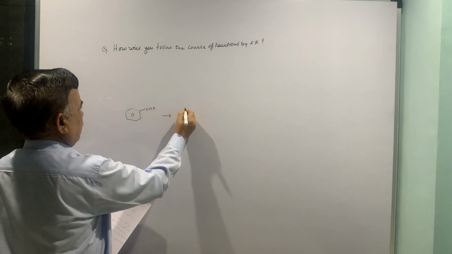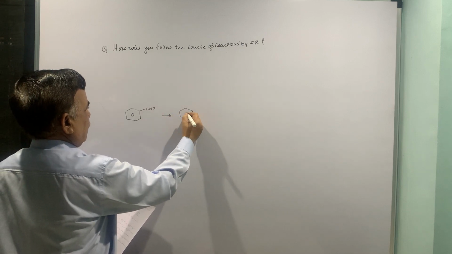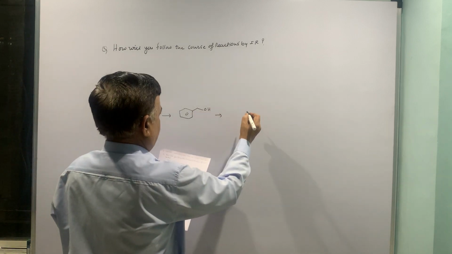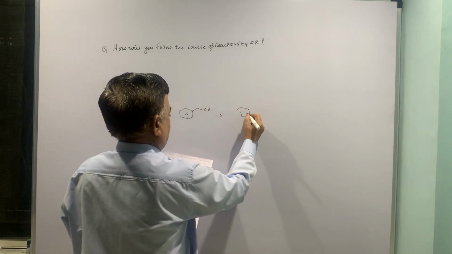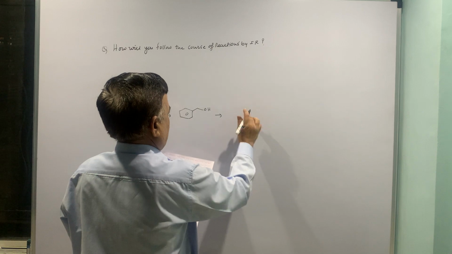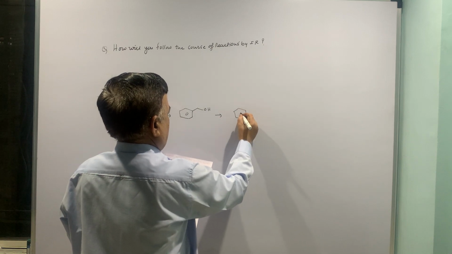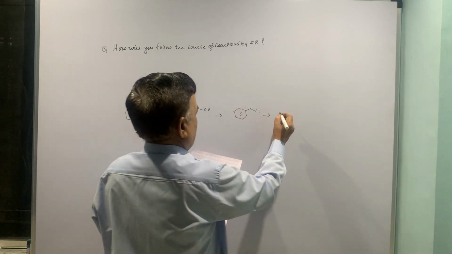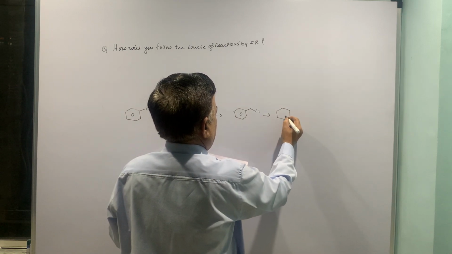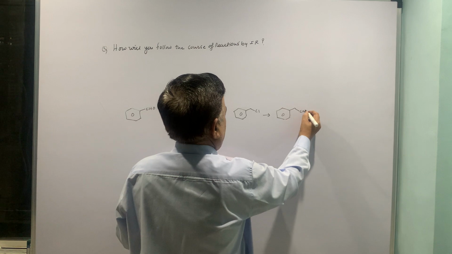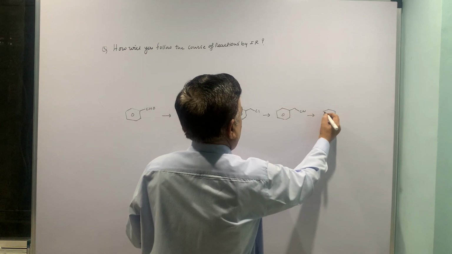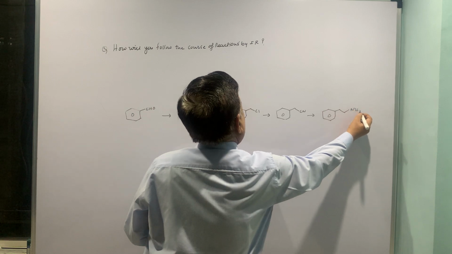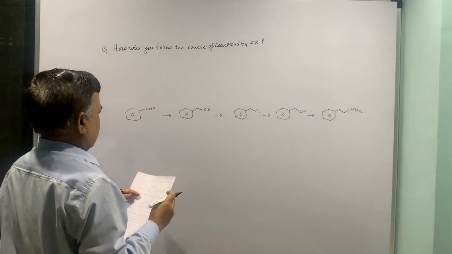Aldehyde, alcohol, Cl, CN and NH2. A big sequence, so multiple steps.